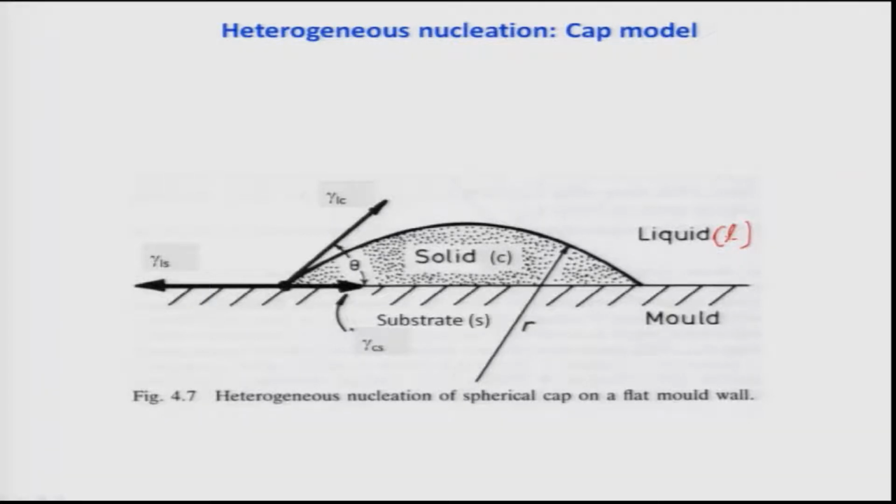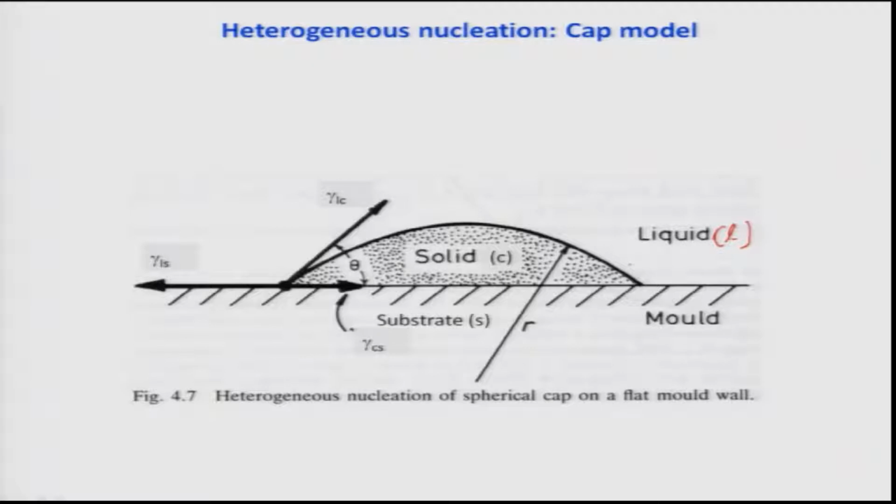Here you see that the substrate is known as a mold. It can be a mold wall or solid oxide particles on the mold surface. So the solid which is forming from the liquid is forming like a cap on these.